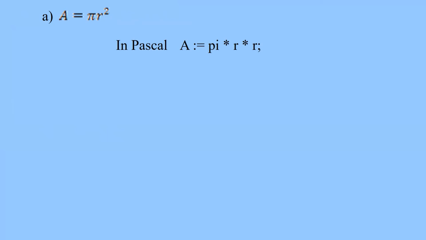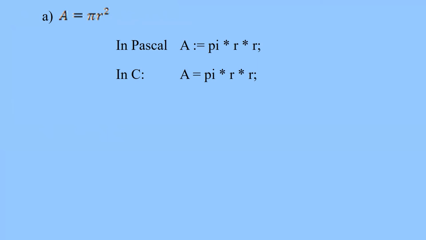pi times r, assign that result to memory location called A. But in C, the assignment operator has no colon. So it is A equals pi times r, semicolon.